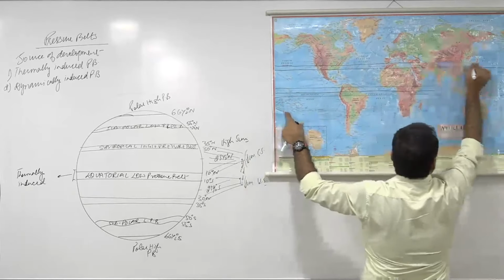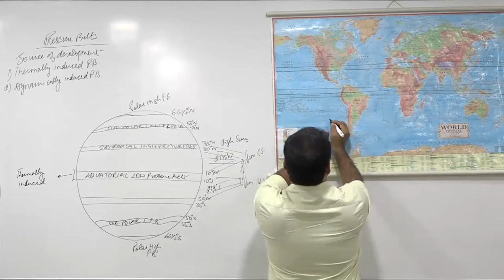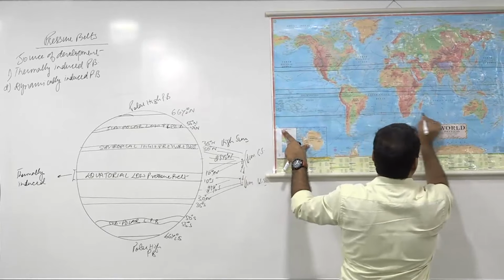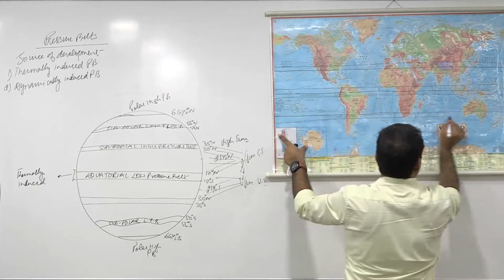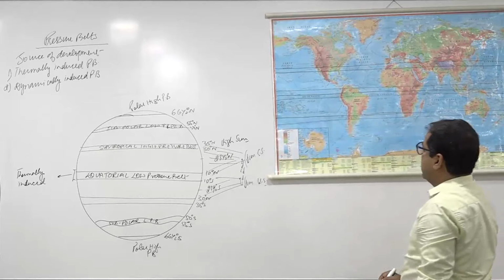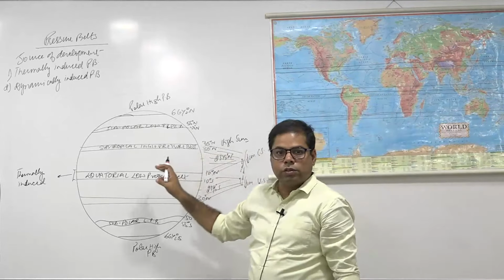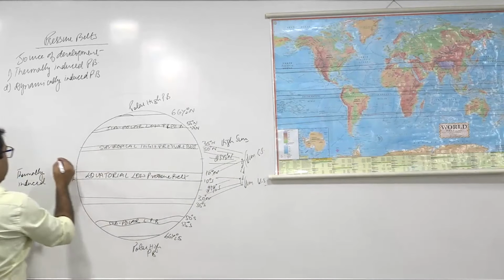You can find out the areas of the effect. Here also, this is 30 degree latitude in the southern hemisphere and 35 degree latitude, right? So the areas under the effect of vertical rays of the sun should have low pressure, but high pressure has been maintained.